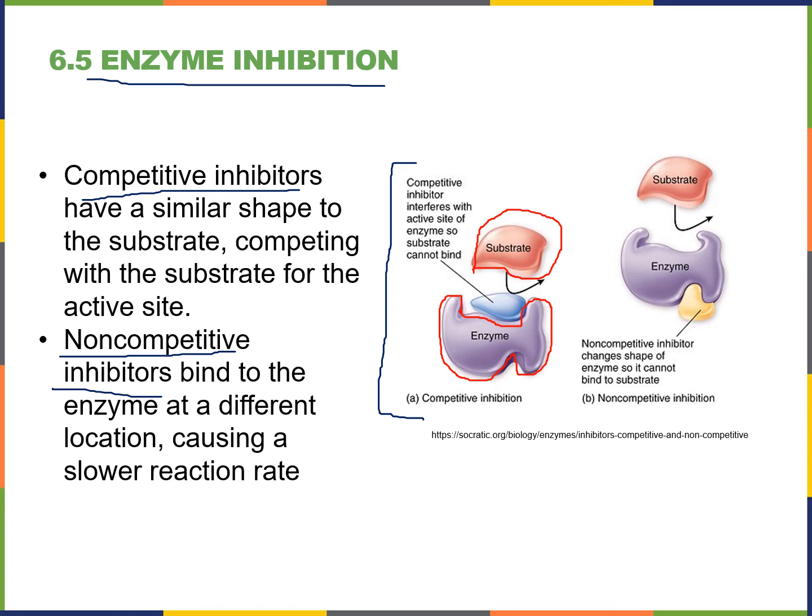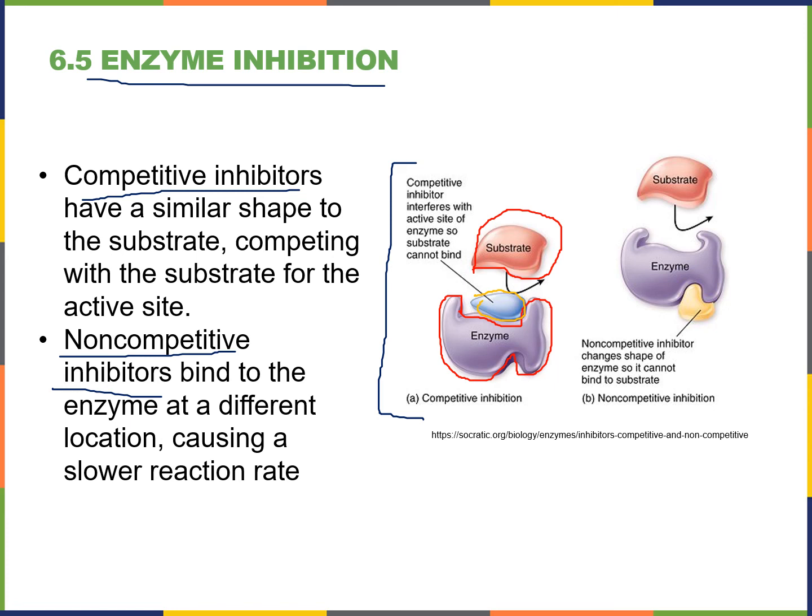But only one basketball team can win the game. So if the Denver Nuggets win the game, represented by this competitive inhibitor here, the Golden State Warriors can't win the game. The substrate can't bind to the enzyme because it's being interfered with by a competitive inhibitor. Again, the competitive inhibitor binds to the same active site of the enzyme where the substrate should be.